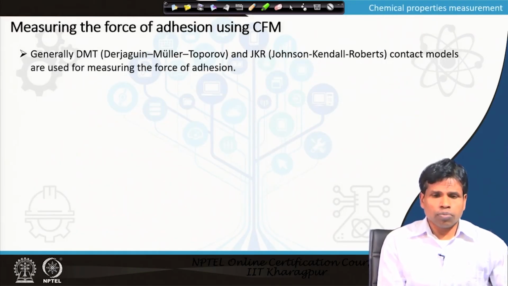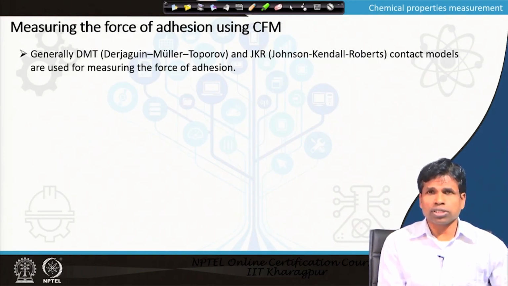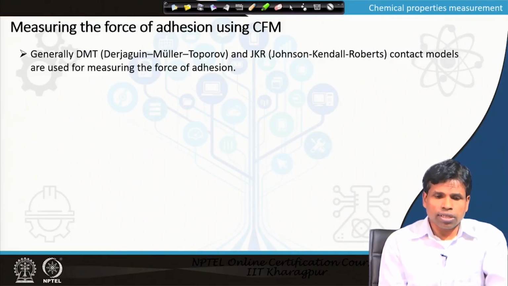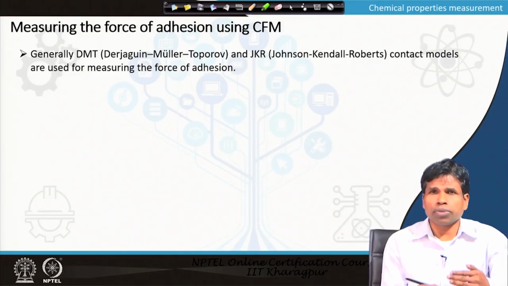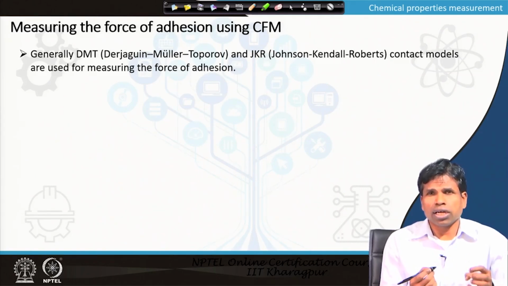As far as the force of adhesion measurement is concerned, there are two models. One is the DMT model, also called the Derjaguin-Muller-Toporov model. This model takes into account the Derjaguin approximation, which relates the force of adhesion between a flat surface and a spherical tip, or a spherical tip and another spherical sample.